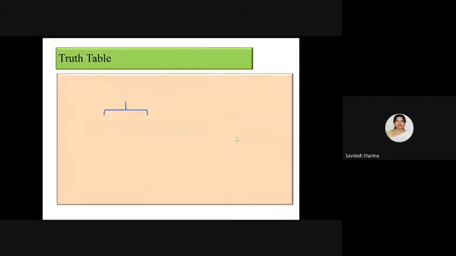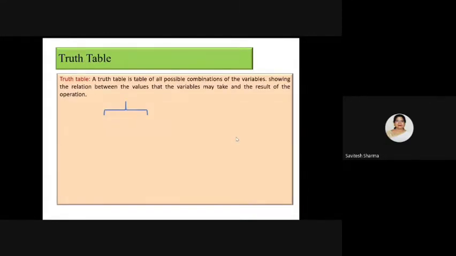Another thing is the truth table. Another term we are going to use is truth table. What is a truth table? Actually, this is a way of representing information. As I said, one way of representation is Boolean algebra, where you write the equations.